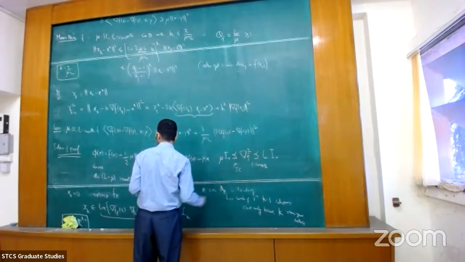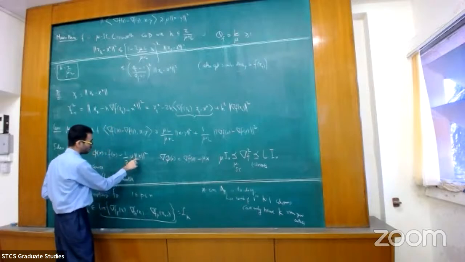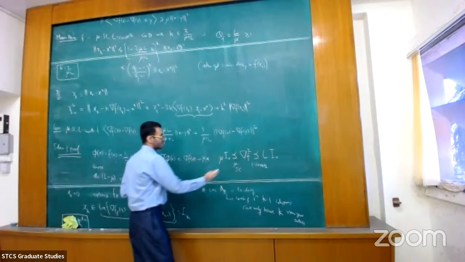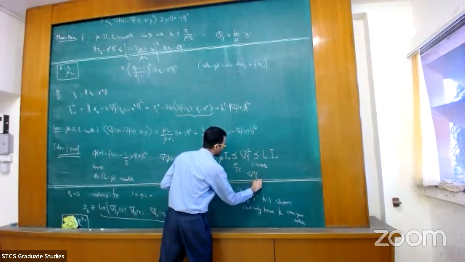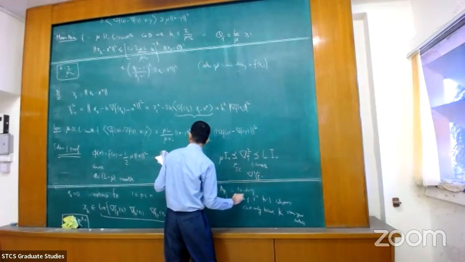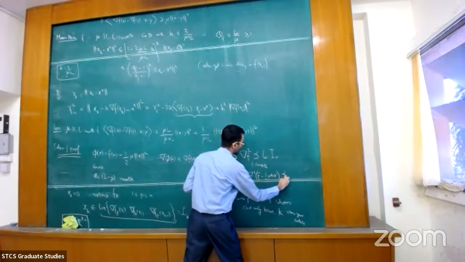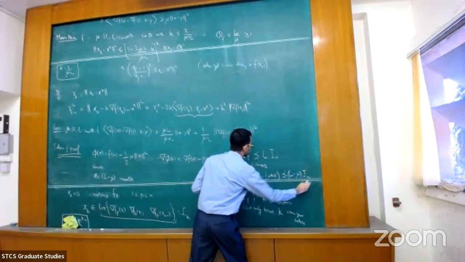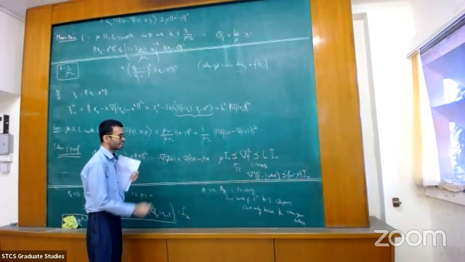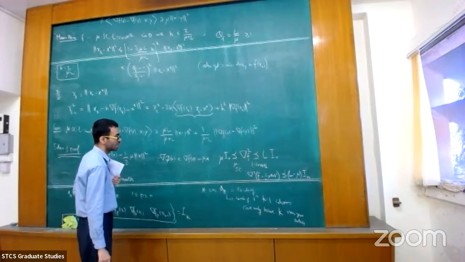Now if we take out half mu x squared, the Hessian of f minus half mu x squared will be, in PSD ordering, at most L minus mu. So that's an immediate way to see this for twice differentiable functions.